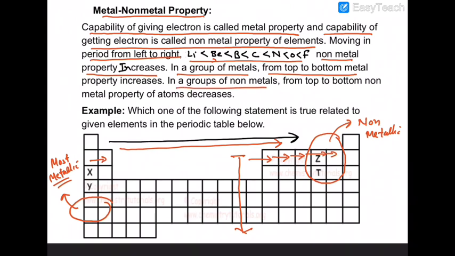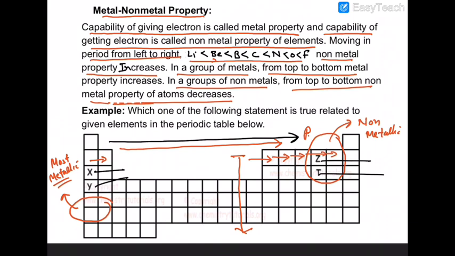In a group of non-metals, these are non-metals, P block are the non-metallic group. From top to bottom, non-metal property decreases. You have to understand that. These are very, very simple things you have to memorize in your mind.